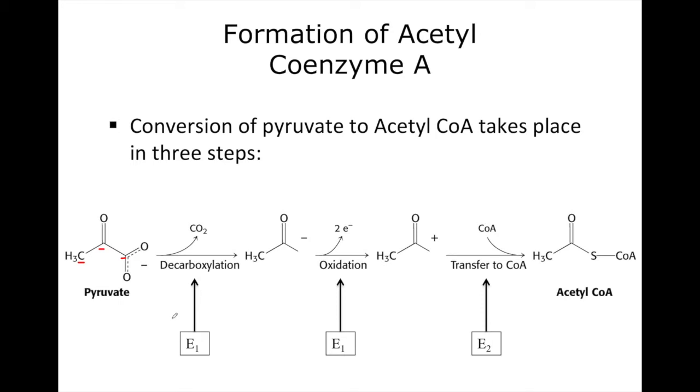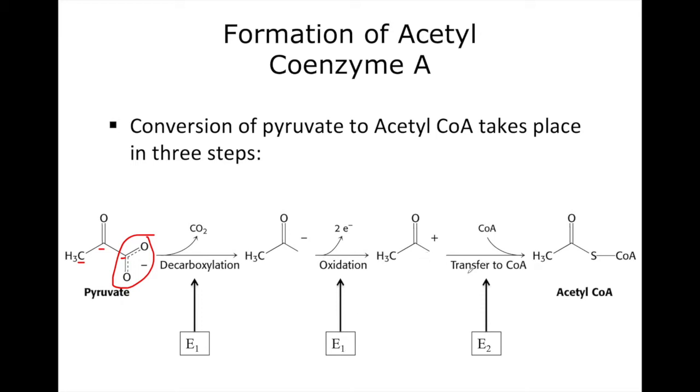In the active site of the E1 portion, it undergoes first a decarboxylation. In other words, we're removing a carbon in the form of carbon dioxide here. So that converts this pyruvate into a 2-carbon molecule, which then will undergo another oxidation step, again in the E1 active site.